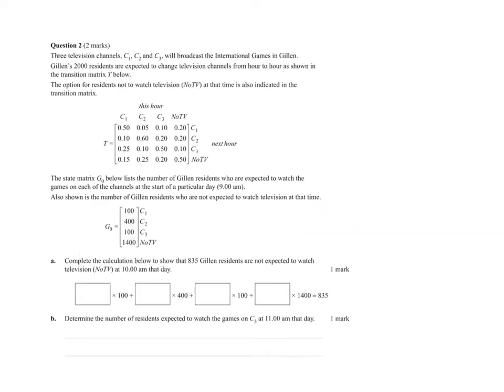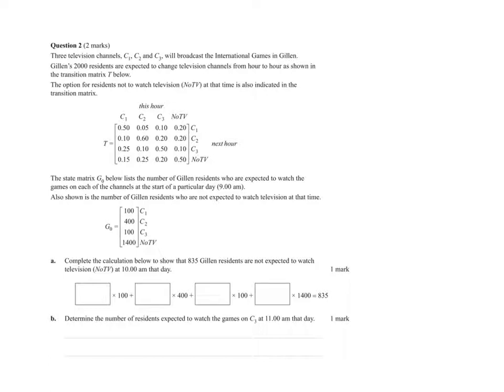Okay, the 3 television channels C1, C2, C3 will broadcast the international games. 2,000 residents are expected to change their television channels from hour to hour, shown in the transition. The option for residents not to watch television at this time is also indicated in the transition.